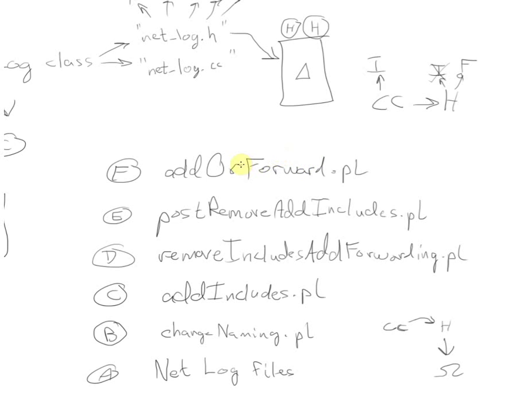I went through the code and said, hey, go through all the files that I've touched where I removed the netlog H header, and if base value or base dictionary value isn't forwarded, forward it, and if netlog capture mode class isn't included, include it. So I had this script for removing all the biggest include-hide landmine culprits across the code base, and this script actually changed about 40 or so files.